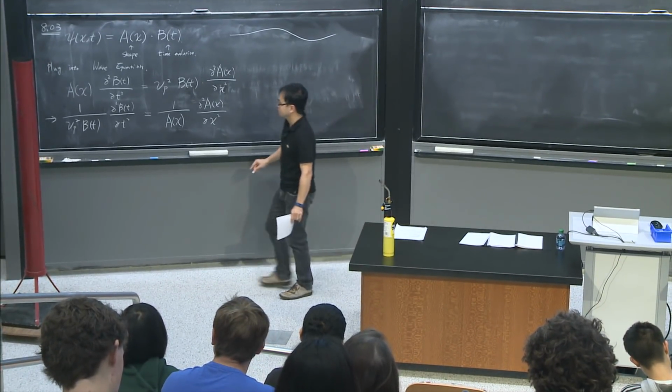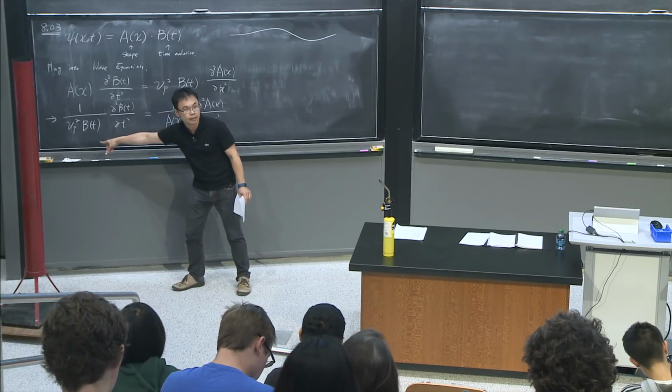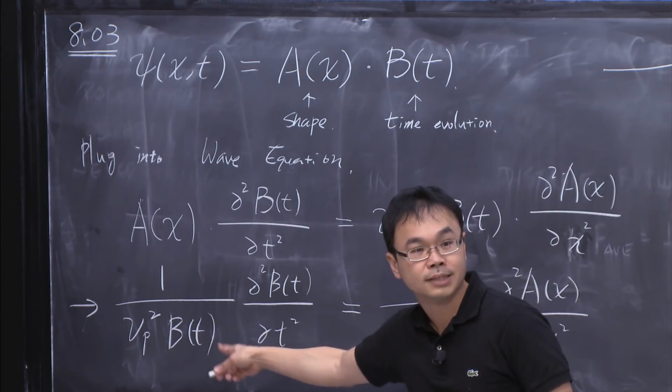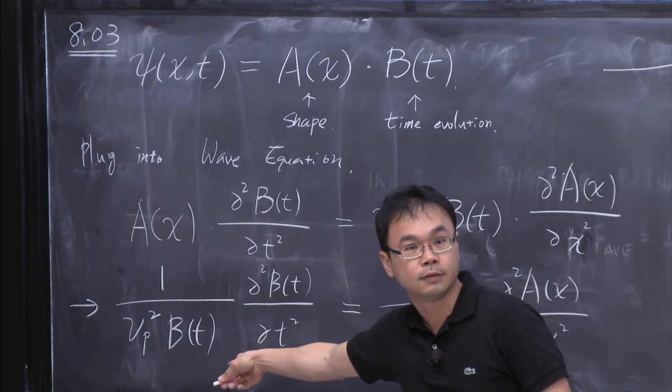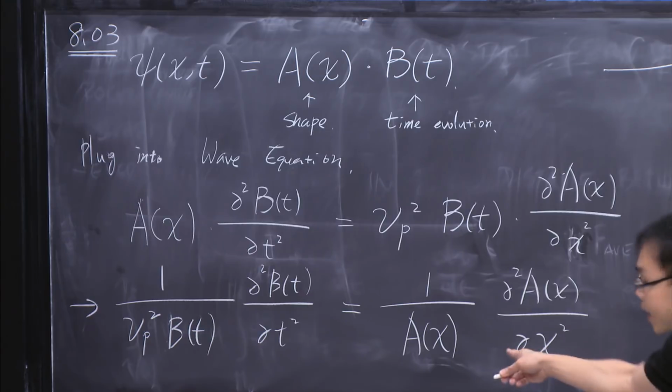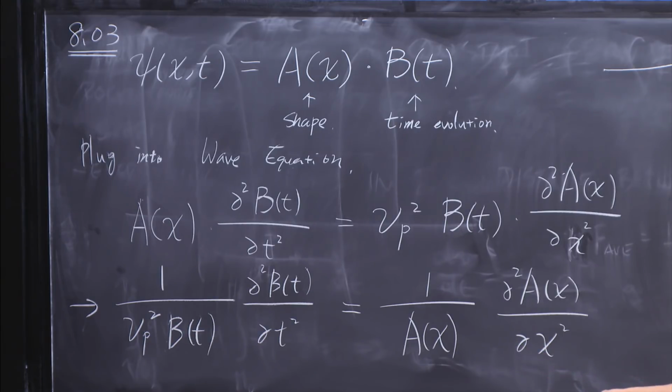What I immediately find is that the left-hand side is a function which only depends on t, and the right-hand side is a function which only depends on x.